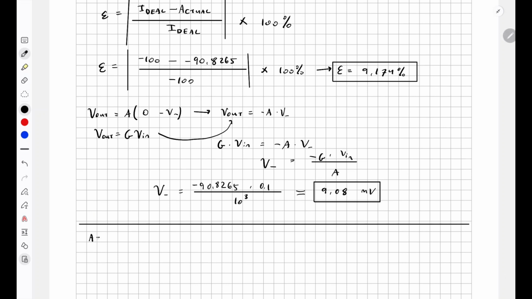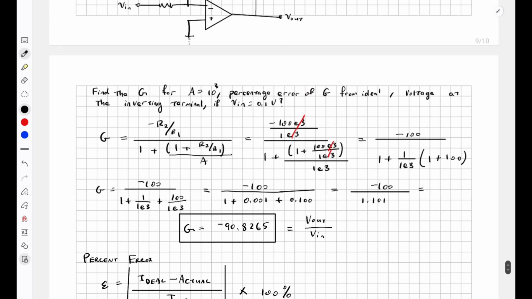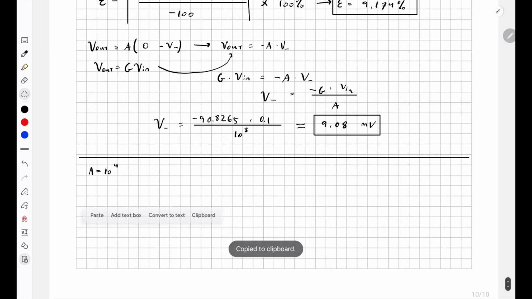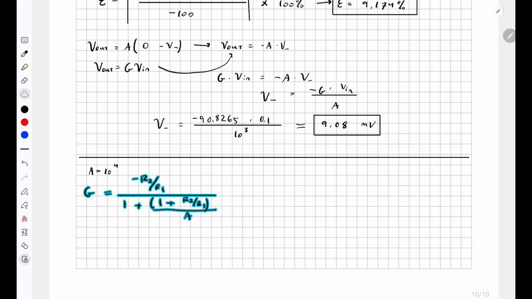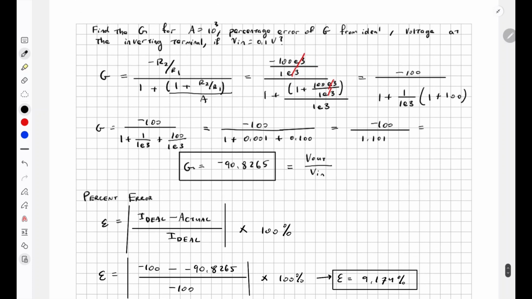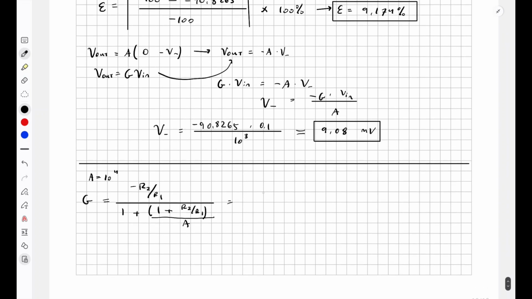We're going to repeat the same problem, but now we're looking at A equal to 10 to the 4th. So we can just use this same thing again. I'm just going to reuse it, put -100 on the top, and then do 1 plus.